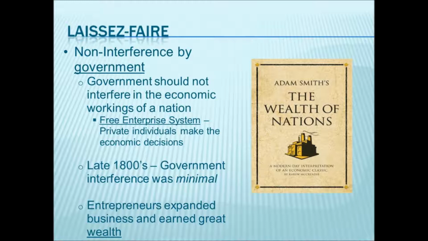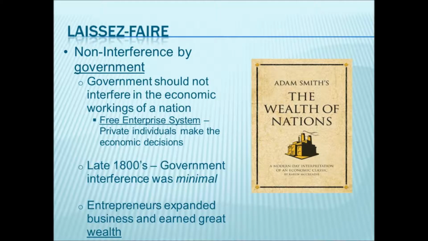Entrepreneurs expanded business and earned great wealth during this time in the late 1800s. The four we're going to talk about in great detail are Rockefeller, Carnegie, Vanderbilt, and Morgan. And we'll talk about them in a future PowerPoint.